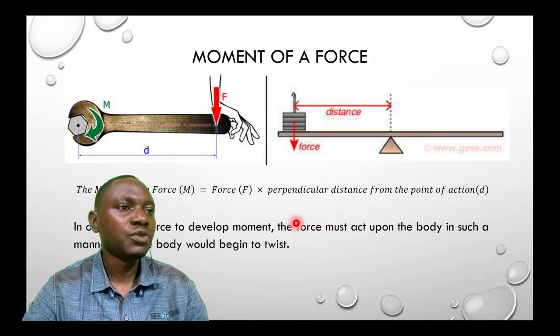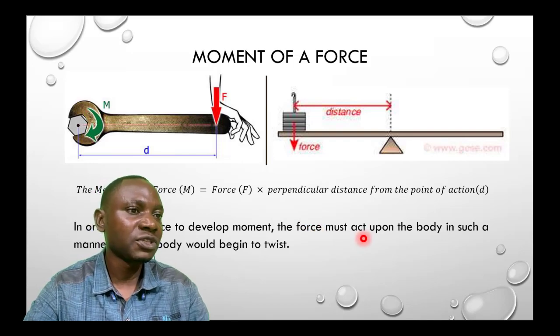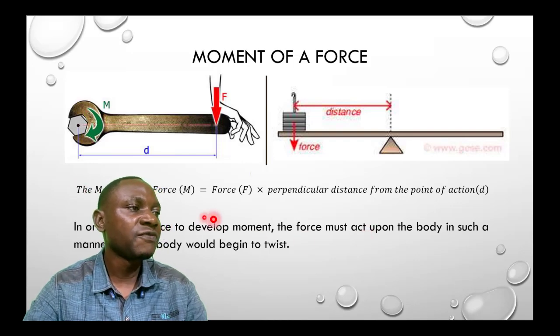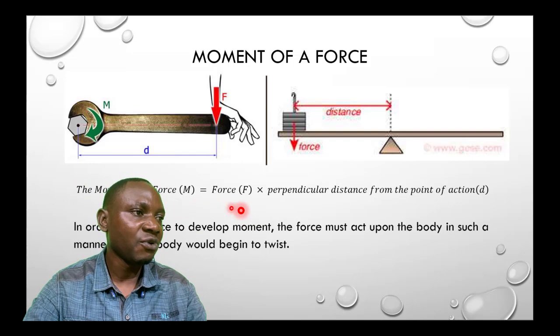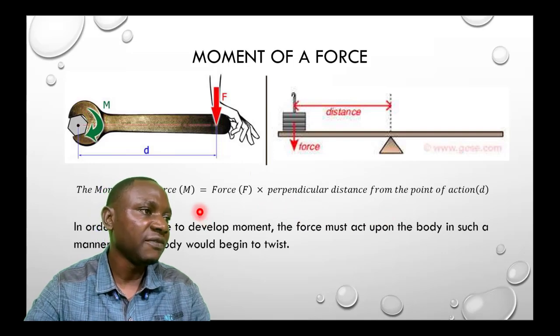So when you are asked to define a moment of a force, a moment of a force is the turning effect of a force around a fixed point called pivot, or you simply have this formula. The moment of force is force multiplied by perpendicular distance from the point of action on the body. So once you do that, you will have done a very good justice to the definition of moment of force.